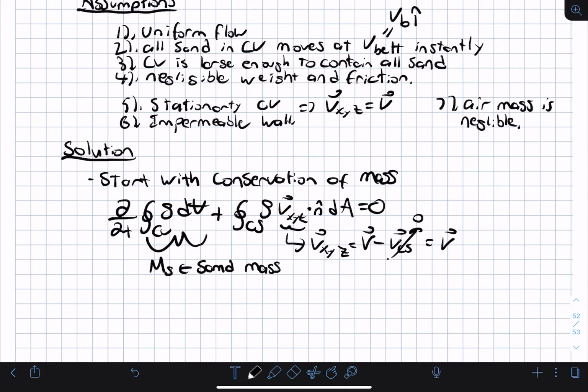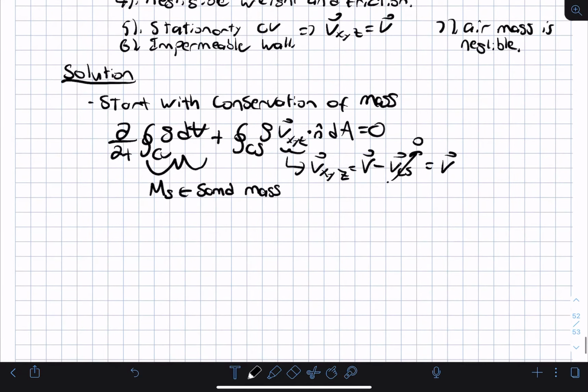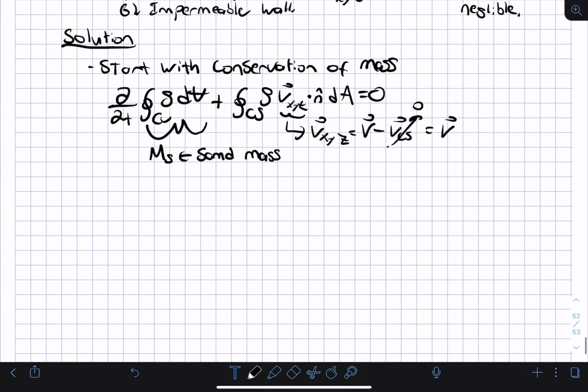Okay, so now we can work with these terms here. We have these two integrals, and we need to evaluate them. In order to evaluate this one, we do need to draw a control volume. So we always draw that. So I draw the control volume here.